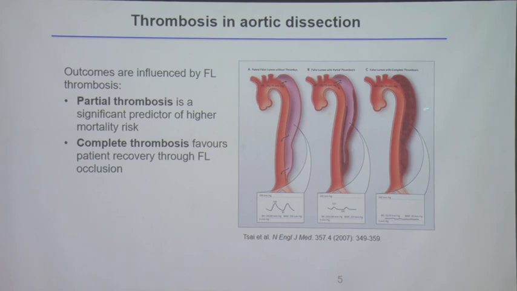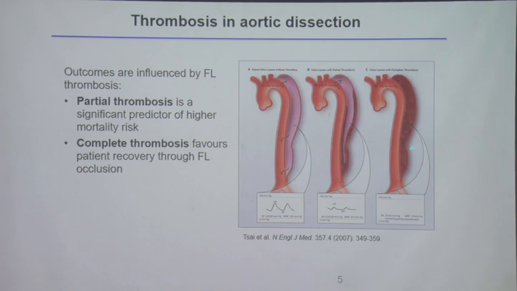If the false lumen is thrombosed, it means that the tears get blocked, so there's no new blood coming into the false lumen, and the flow will primarily be channeled through the true lumen. This is a natural healing process, a stable aortic dissection. Obviously, this process is desirable. The doctor would wish that the patient's false lumen will be thrombosed, so that the condition will remain stable and give time for further treatment.